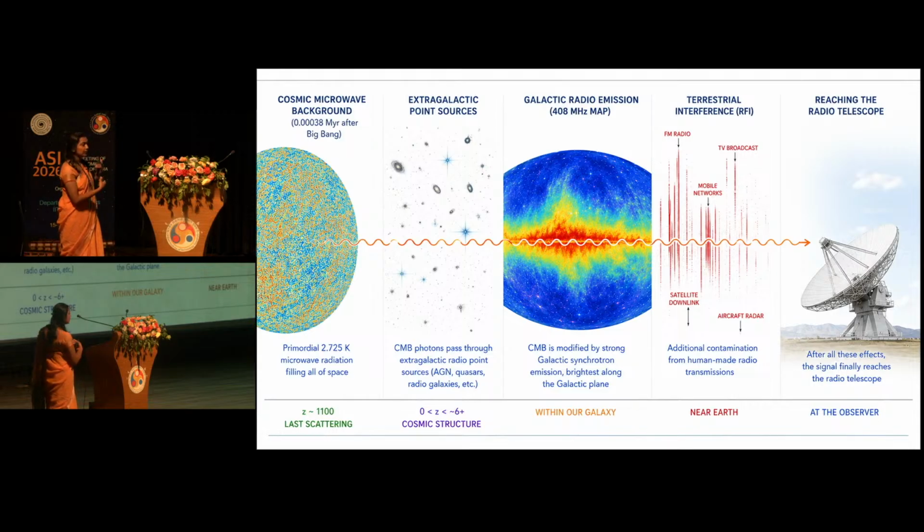This signal comes to us through extragalactic point sources, our own very bright galactic radio emission, and of course we measure this in the presence of very strong contaminants such as terrestrial radio frequency interference before it reaches our telescope. So working our way bottom up, we first try to address the most fundamental challenge to this experiment, which is understanding the contribution of galactic radio emission at large scales to a signal detection experiment.